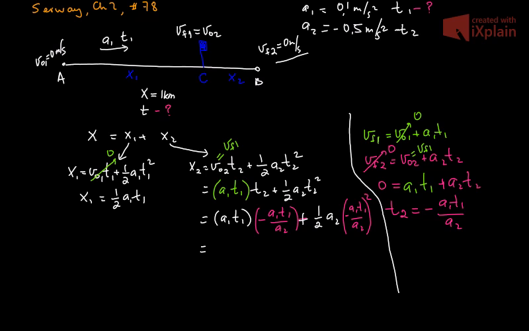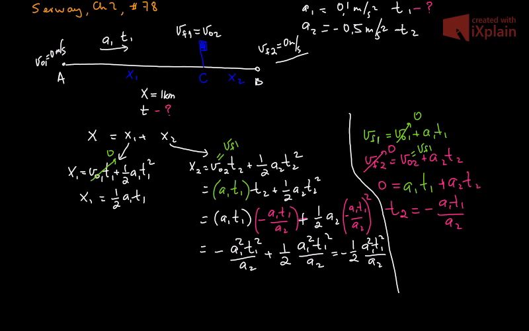I have negative a1 squared t1 squared over a2 plus 1/2. One of the a2's will cancel out, so I have a1 squared t1 squared over a2. This sounds like a good idea. Negative 1 of something plus 1/2 of something is negative 1/2 a1 squared t1 squared over a2.